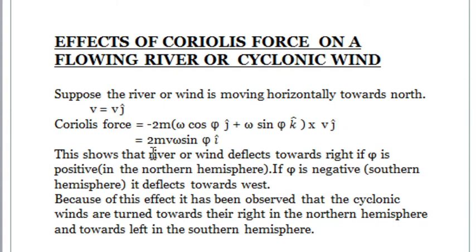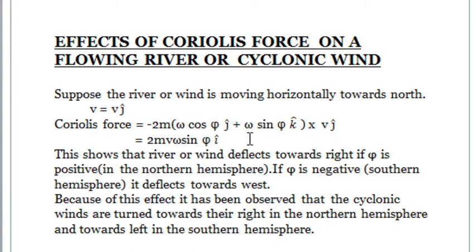So, the Coriolis force is equal to 2mv omega sin phi I cap. In this expression also we have the I component, that is the unit vector towards the east direction. From this we can conclude that there is a deflection towards the east direction.